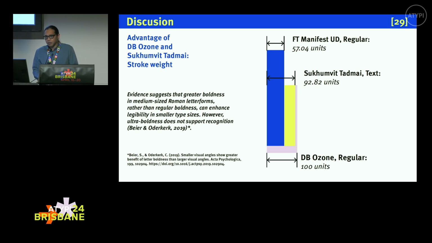So I think this is the advantage of the two Roman light typefaces that facilitates legibility in small size, corresponding to the study of Braille and other curves.